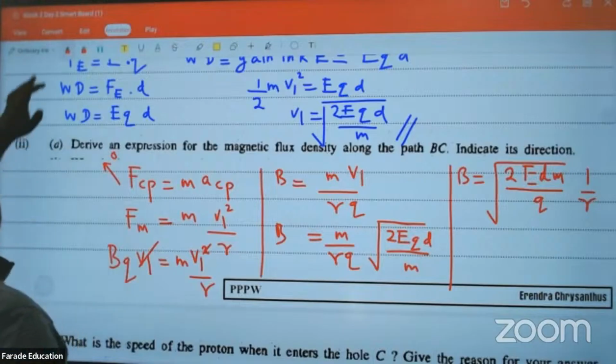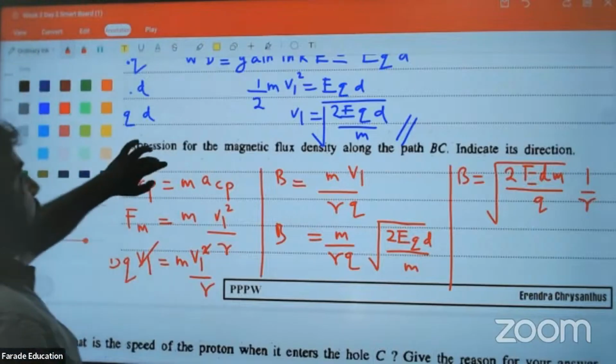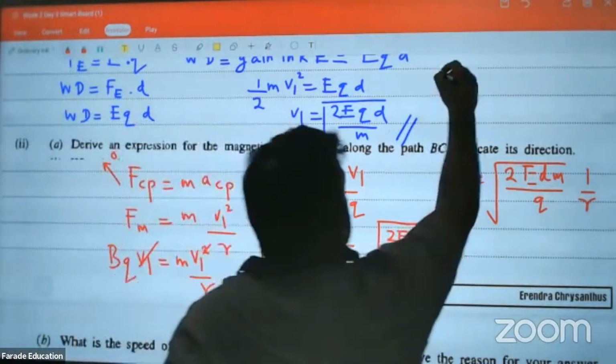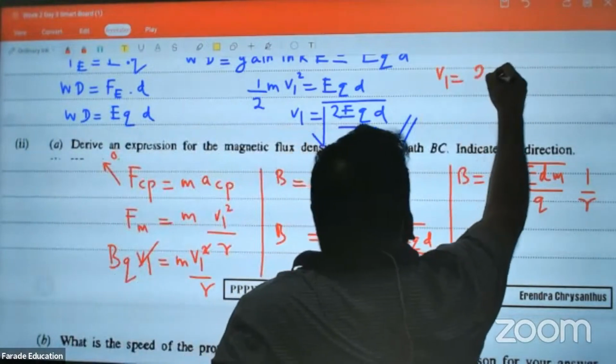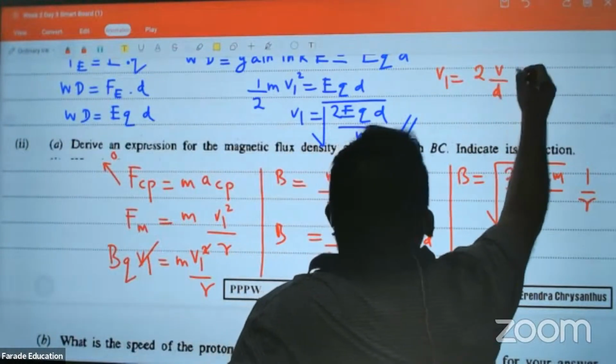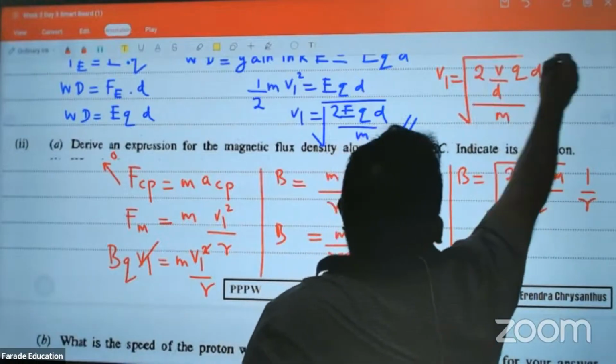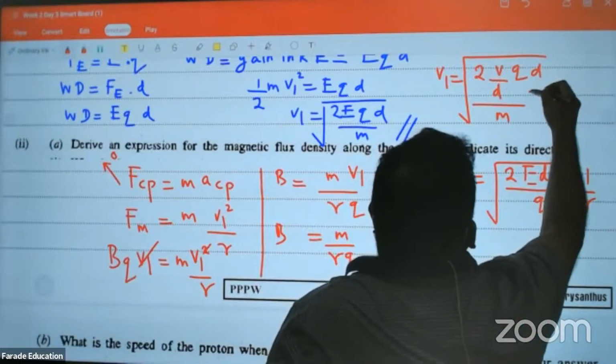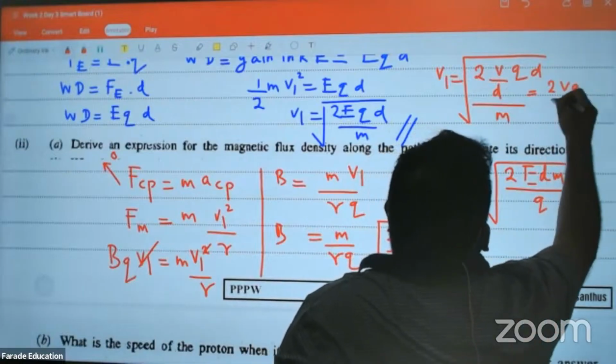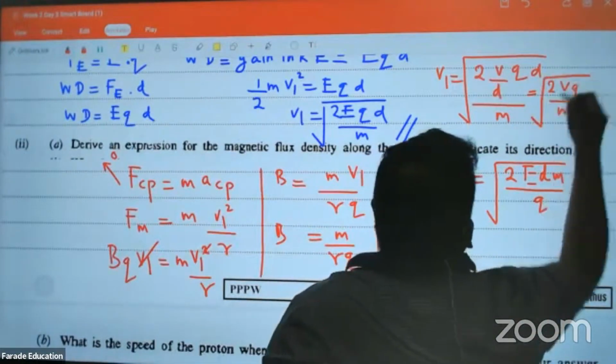Remember, you must be smart enough to substitute for the electric field here. E is V over D. So D and D cancel off, giving the square root of 2VQ over m.